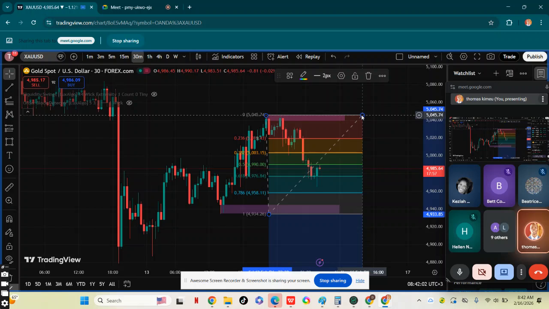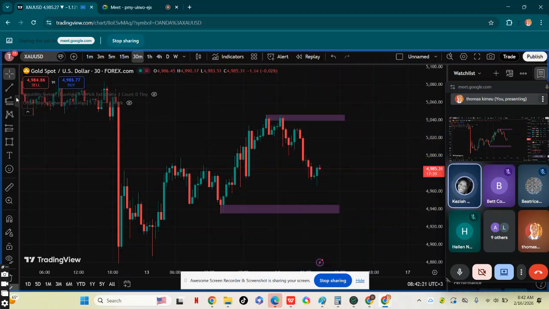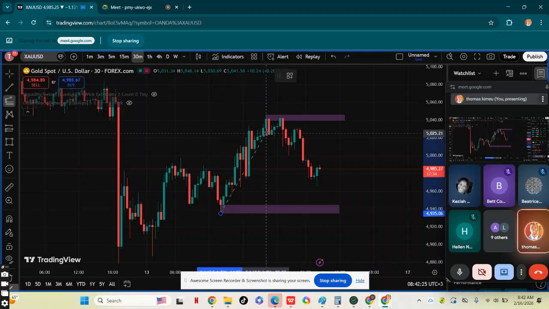Kezia, together. You're not sure. You can see the difference, Aje. This is support when the market is bullish, from support to resistance.